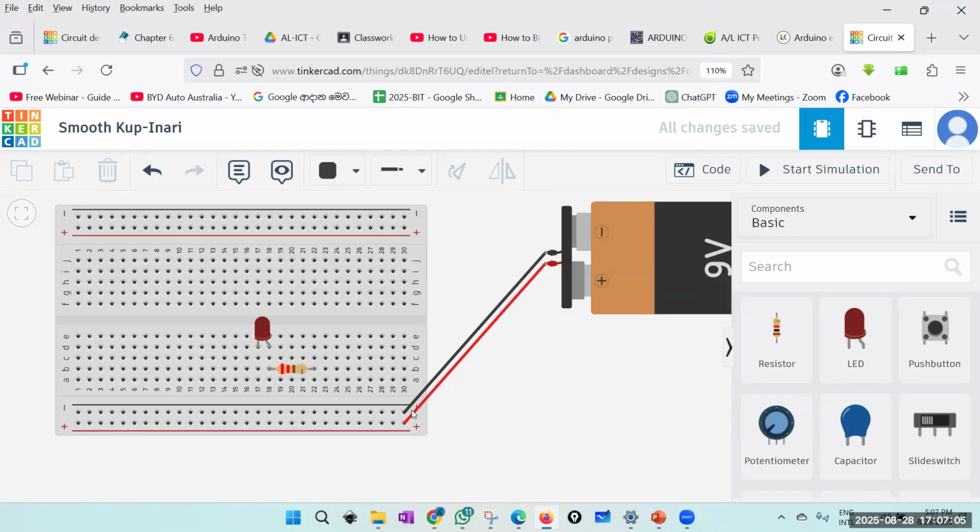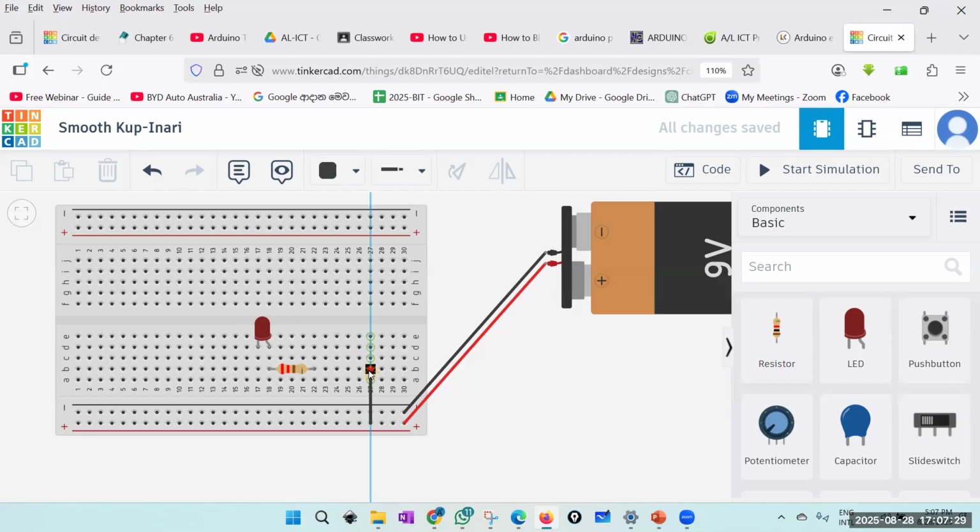Now I need to give the current. I want to give the current to this, the positive side. Remember, the anode is connected to this, but I don't give directly to this. Rather, I am going to connect the positive side to this. I can take it from wherever you want. It's not always from here because now electricity is in this line. I can use anything anywhere, but I will just take somewhere here.